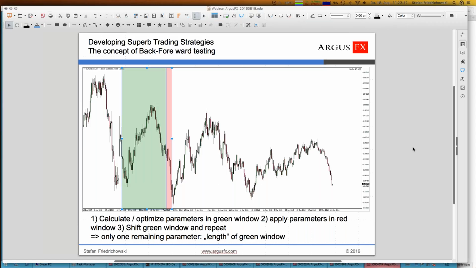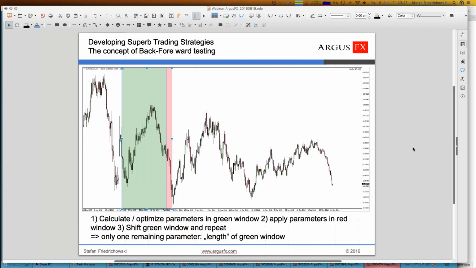So for example, if I have 250 days as the length of the green box, of course the strategy should not go into the minus if I go from 250 days history to 260 days history. If that would happen, then I would have an alarm signal, so to say. All good strategies would not behave like that.